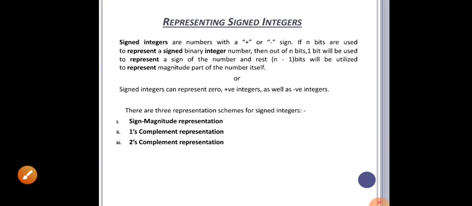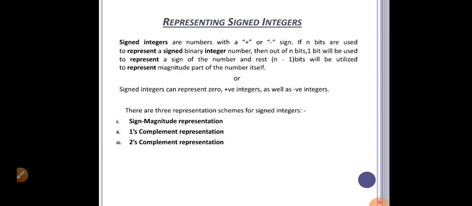Now next, representation of signed integers. Signed means a proper sign will be available. What is a signed integer? Signed integers are numbers with a positive or negative sign. If n bits are used to represent a signed binary integer, then out of n bits, 1 bit will be used to represent the sign of the number, and the remaining n minus 1 bits will be utilized to represent the magnitude part of the number itself.